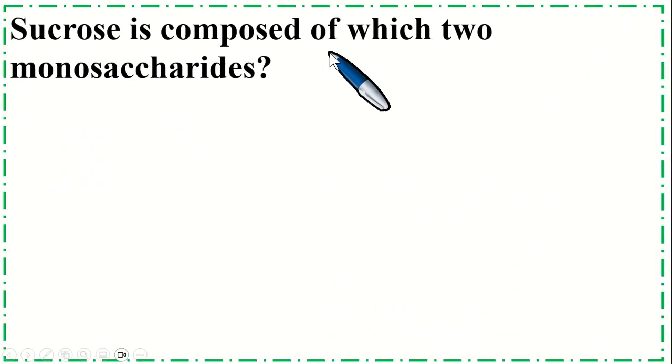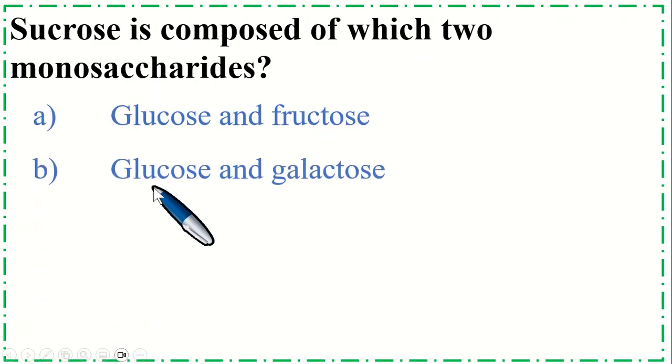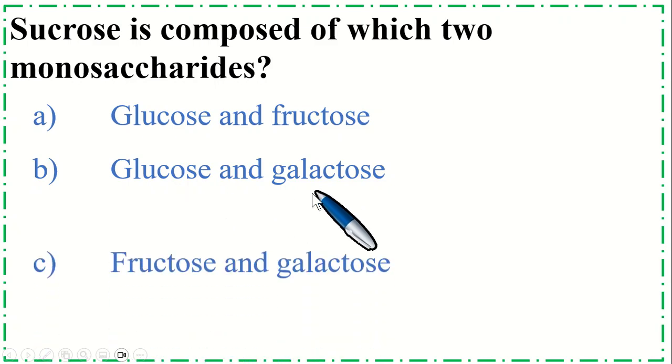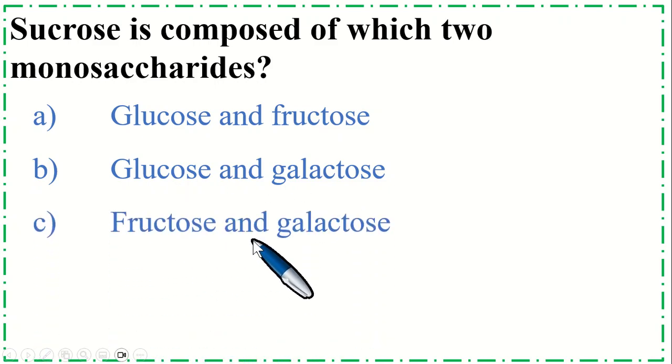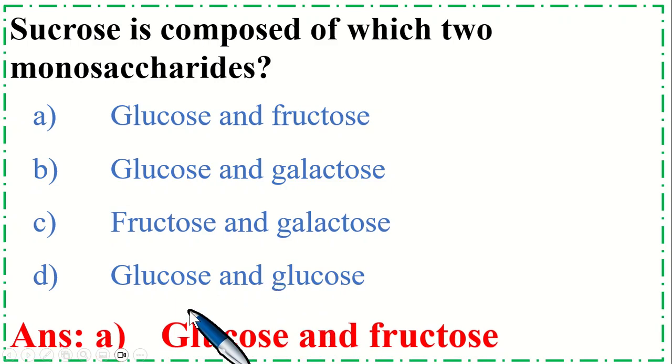Sucrose is composed of which two monosaccharides? Option A glucose and fructose, option B glucose and galactose, option C fructose and galactose and option D glucose and glucose. So the correct option is A glucose and fructose.